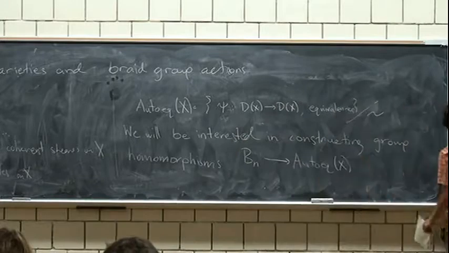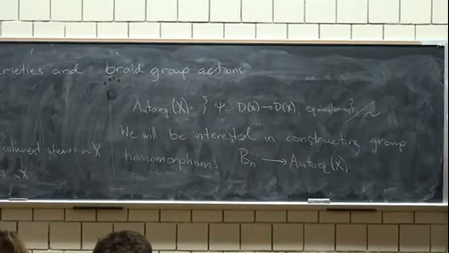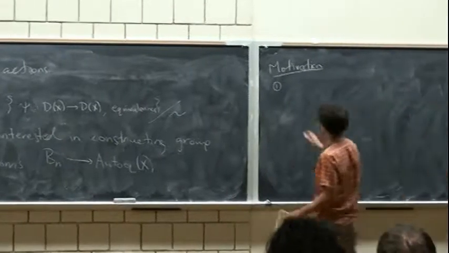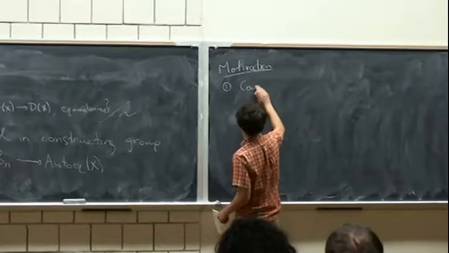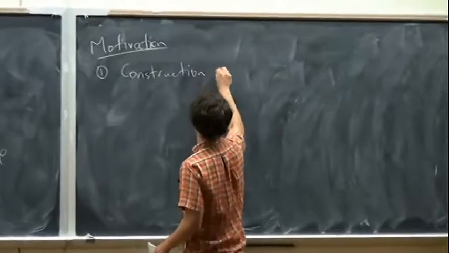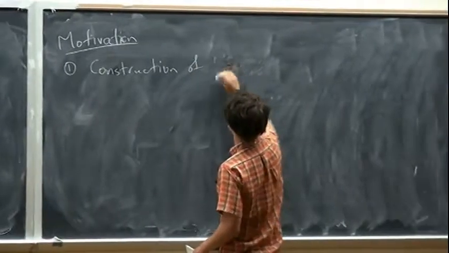Let me mention some motivation for doing so. The first piece of motivation is that these kinds of actions of braid groups can lead to construction of knot invariants, homological knot invariants.